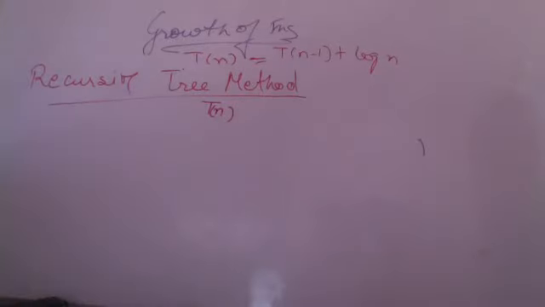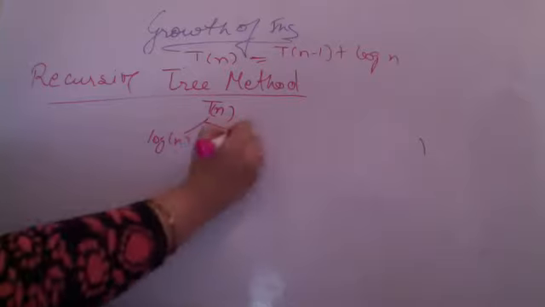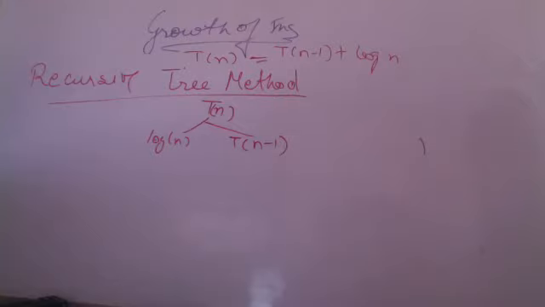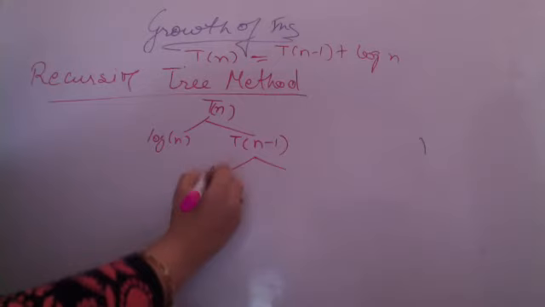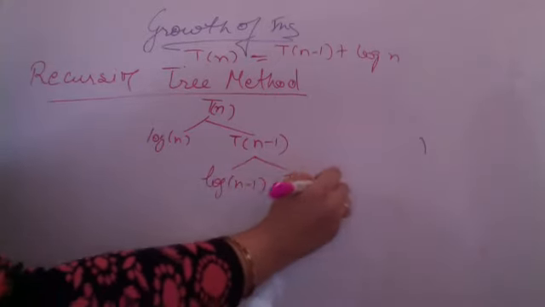The time taken to execute T(n) is log n plus T(n minus 1). Now I want to find out the time taken to execute T(n minus 1). How much time will it take to execute T(n minus 1)? Log of n minus 1 plus T(n minus 2).